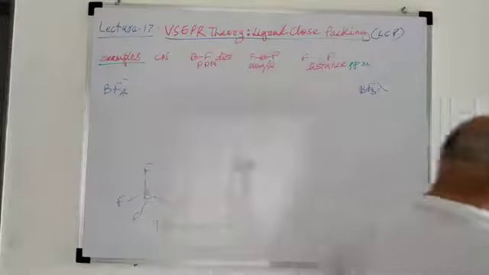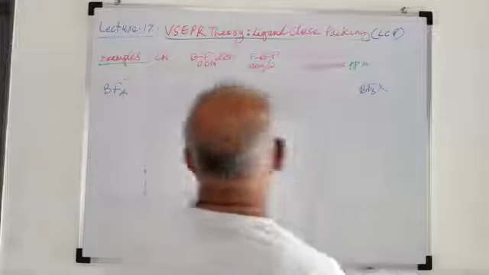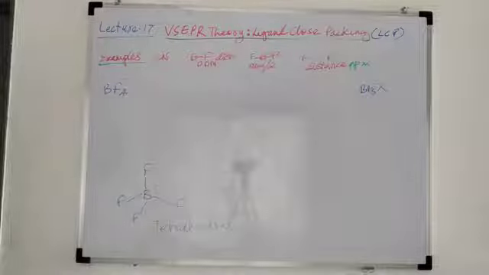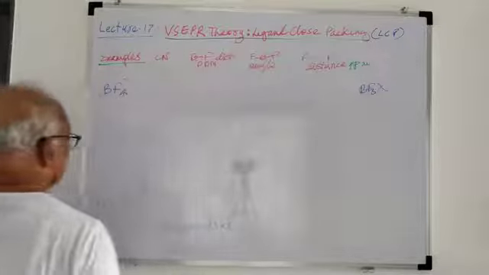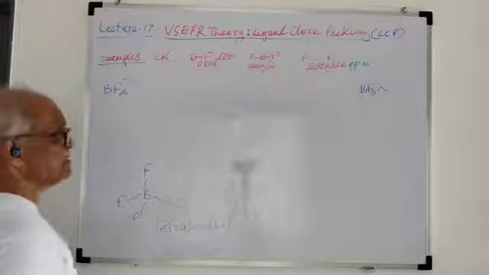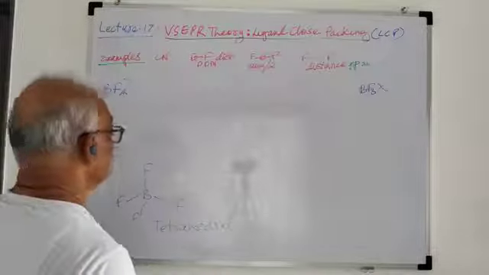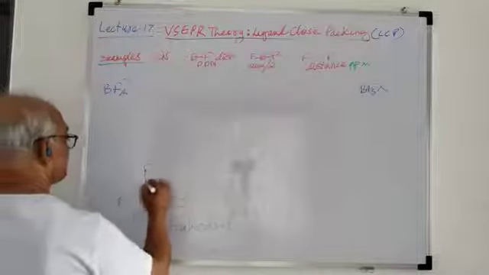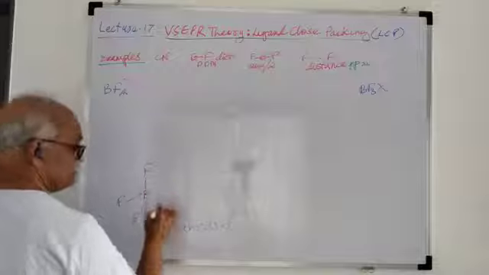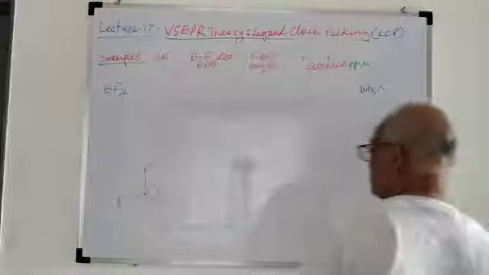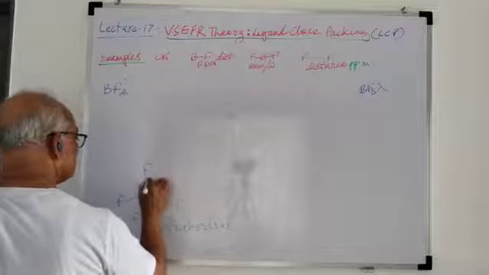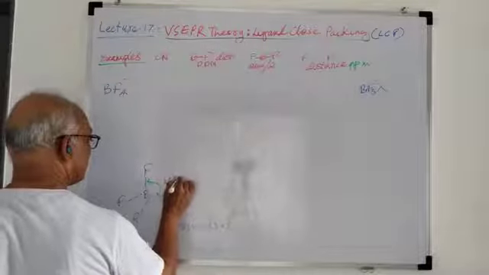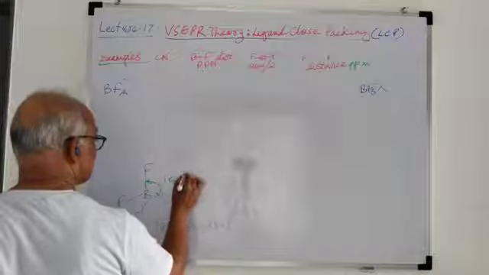The structure of BF3 was planar, triangular, having the characteristic bond angle of 120. But here in this case the bond angle is 109.5 degrees.